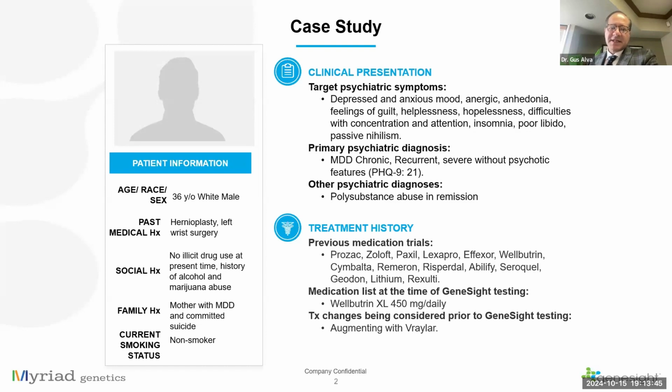In the past he had been diagnosed with major depressive disorder, chronic, recurrent, severe, without psychotic features. When seen, his PHQ-9 was a 21, indicative of a significant degree of depression.